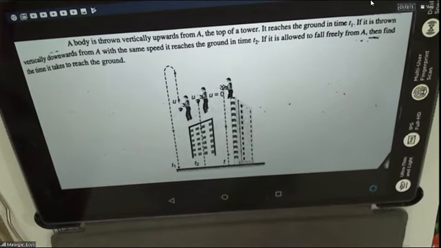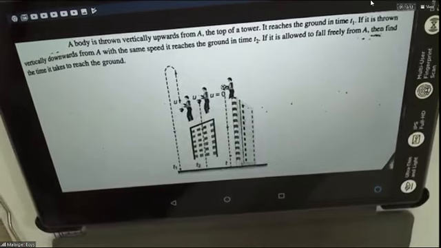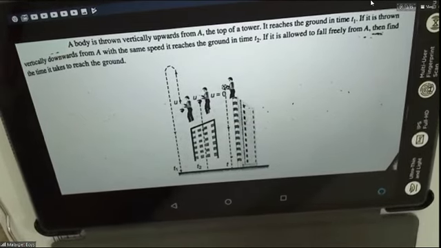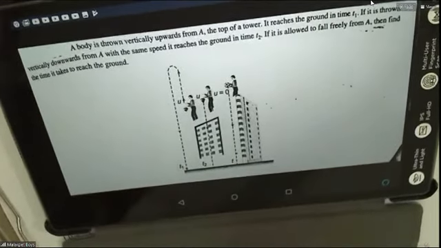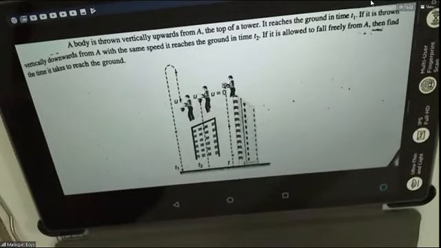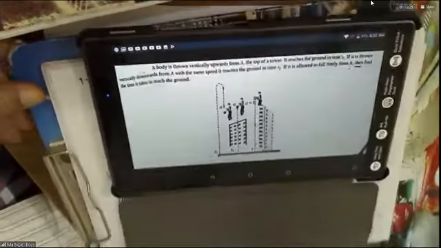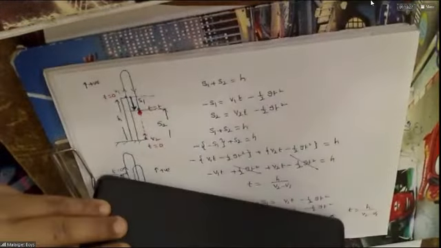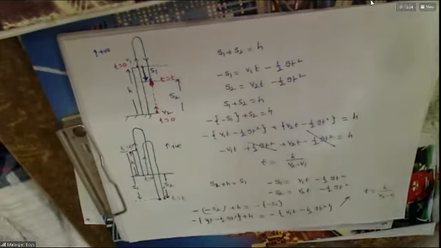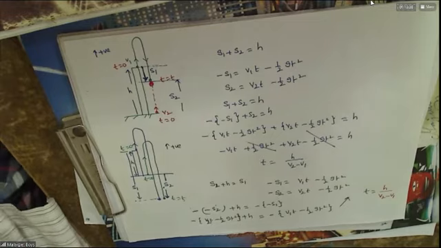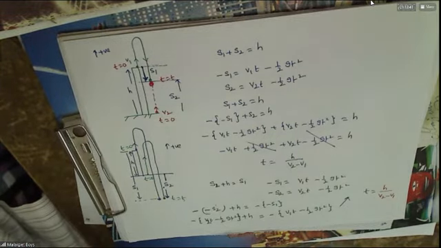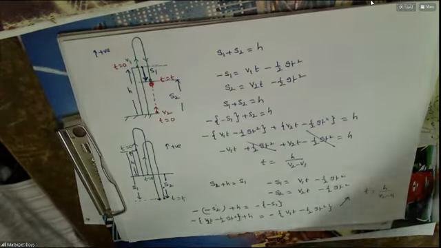Allow you to complete this. Wait, I'll show. Here, previous page. Thank you, sir.